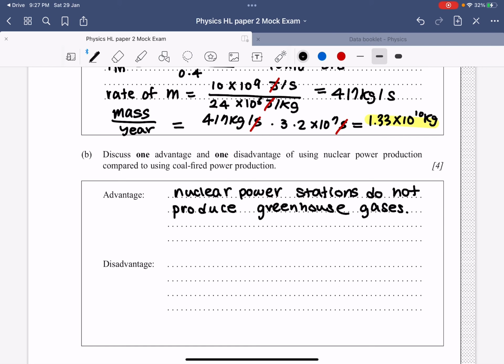The next part, disadvantage. What disadvantages are there? Well, one of the biggest disadvantages, again, there are multiple answers.